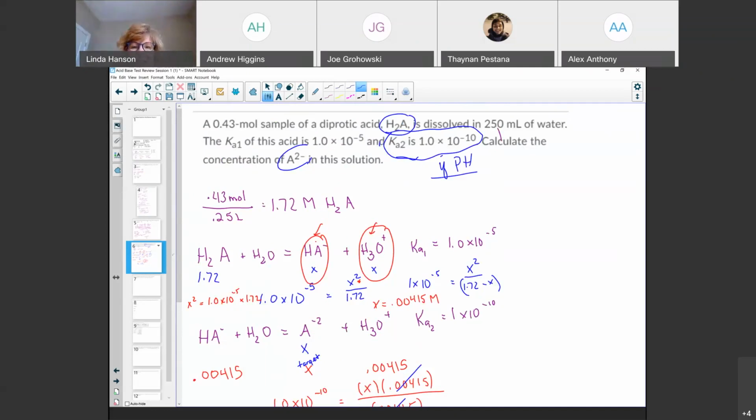So if it had asked me for pH, this is what I would take negative log of, 0.00415, and I would have the pH of that solution. Sometimes they ask for the pH, you're just going to find that first hydrogen ion and take negative log there, and you'll have the pH of the solution.